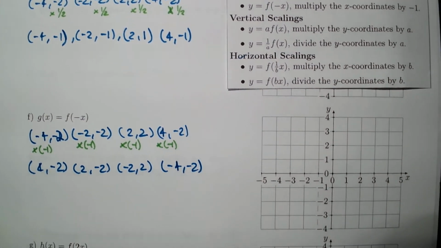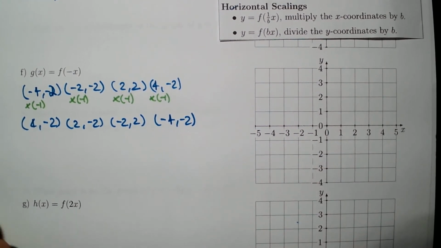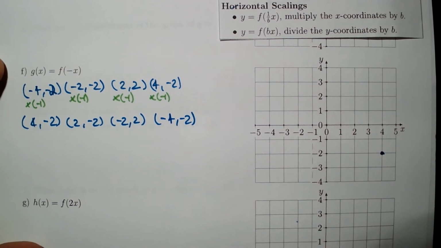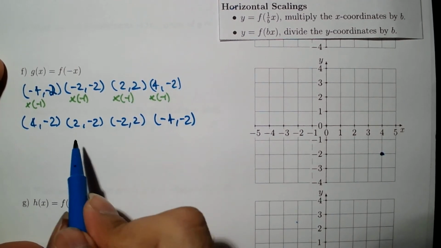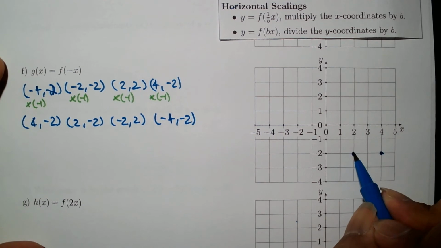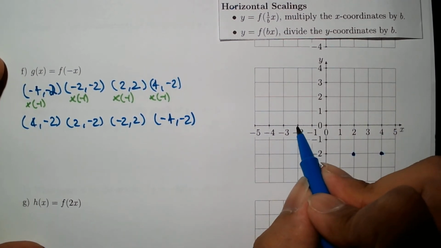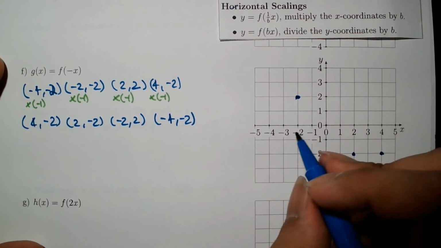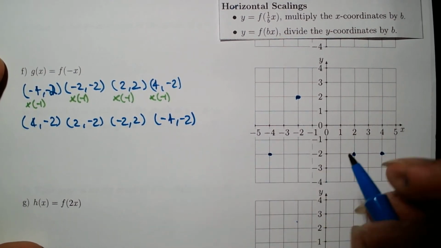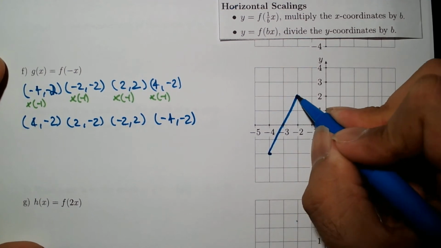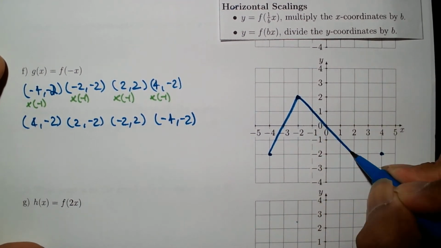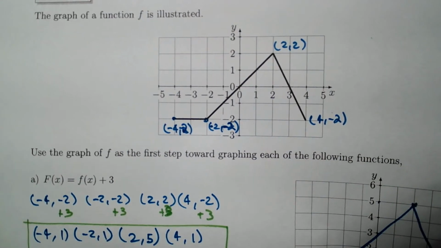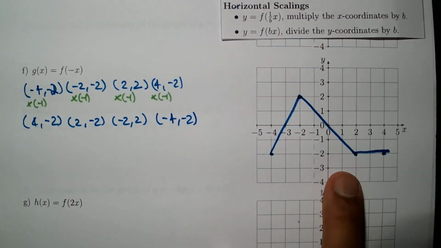Let's plot these points in this Cartesian plane. Essentially, it looks like the original graph, except that it is reversed.